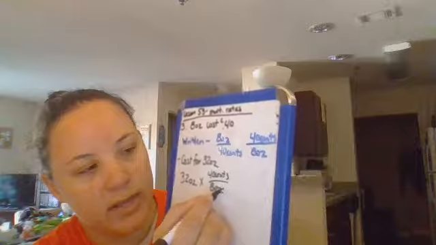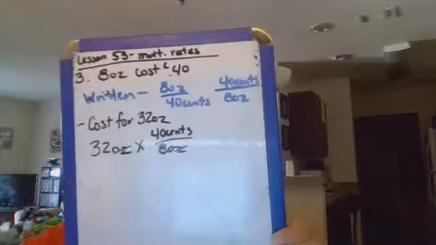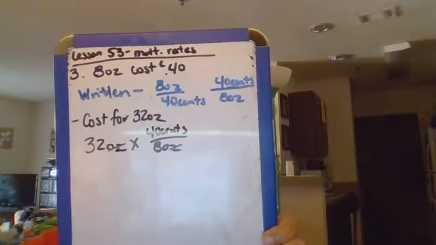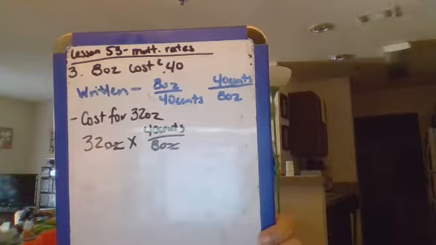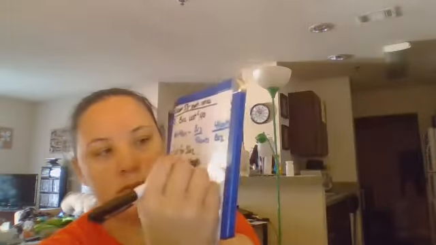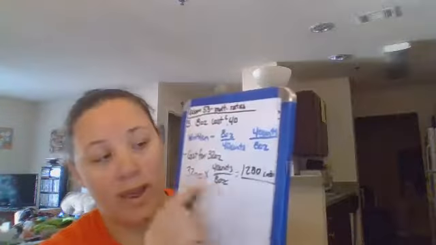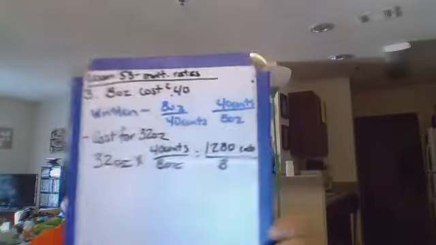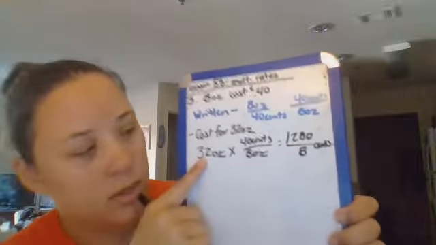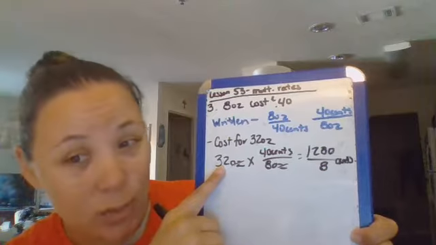And our ounces are going to cancel themselves out. So we'll do 32 times 40, which is 1280. So 1,280, and that's going to be cents over 8. So we had 32 ounces. We want to know how much 32 ounces is going to cost instead of 8.